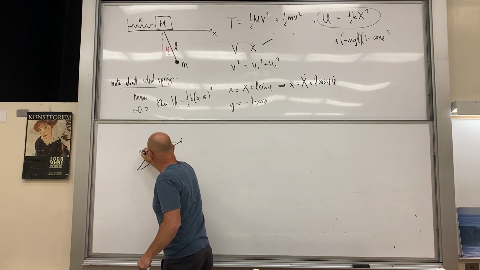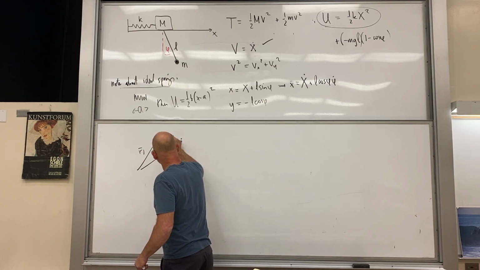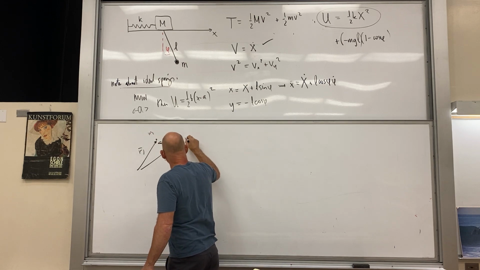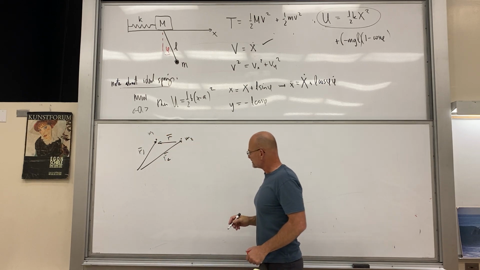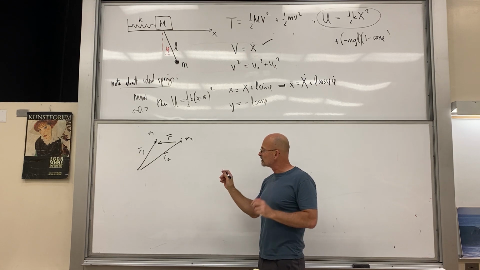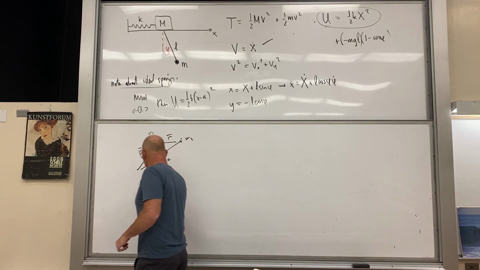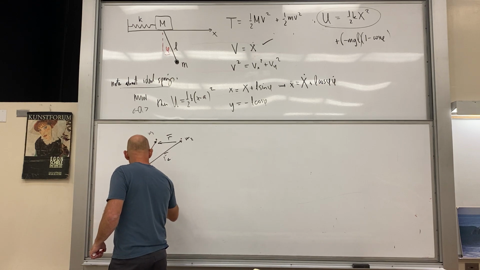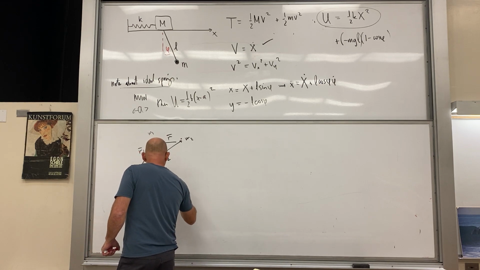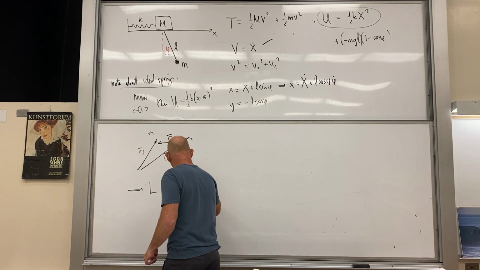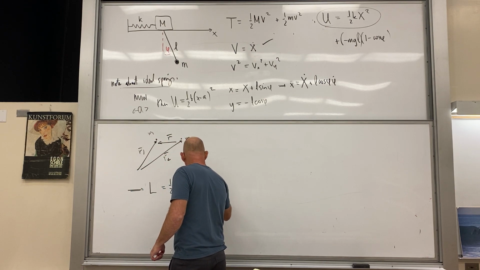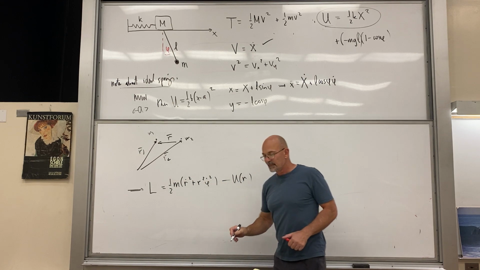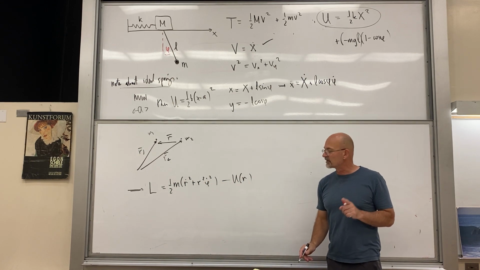So here was R1, R2, and R, and we had M1 and M2. And what we found was when we have a central force, we can turn this into L equals 1/2 M R dot squared plus R squared phi dot squared minus U of R after a number of steps.